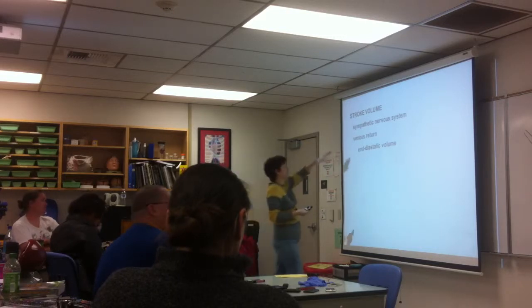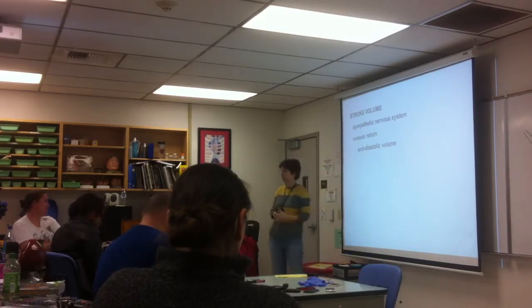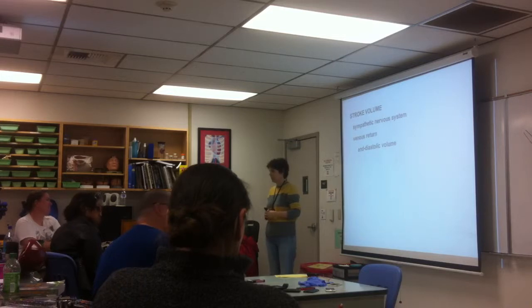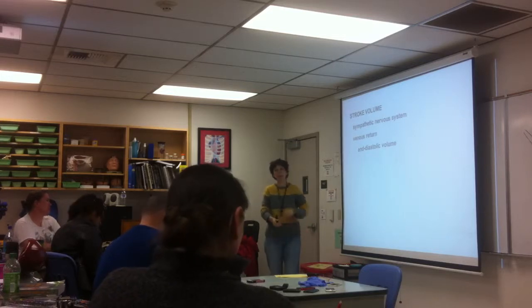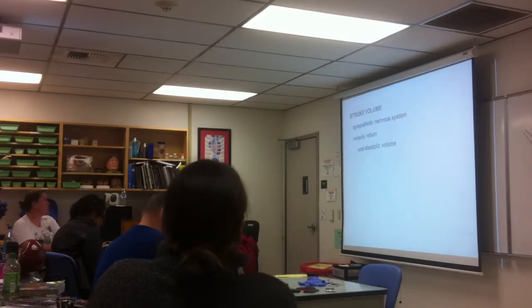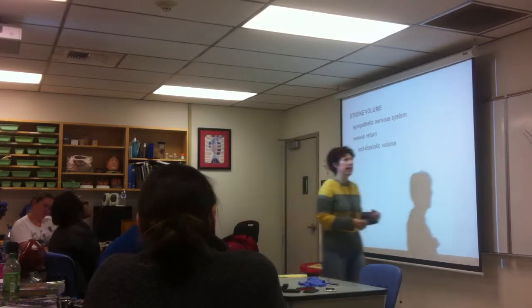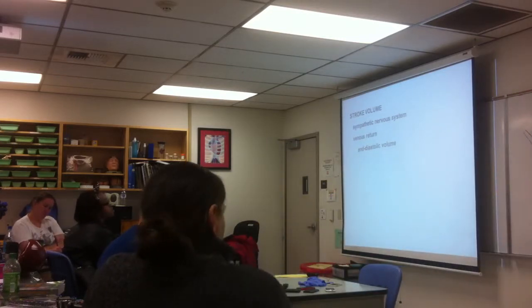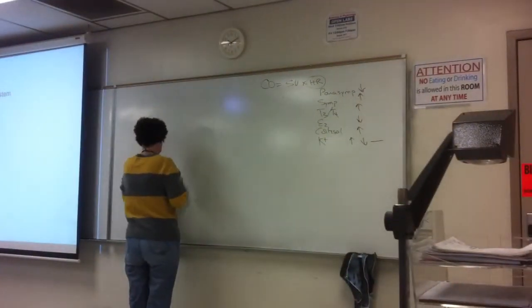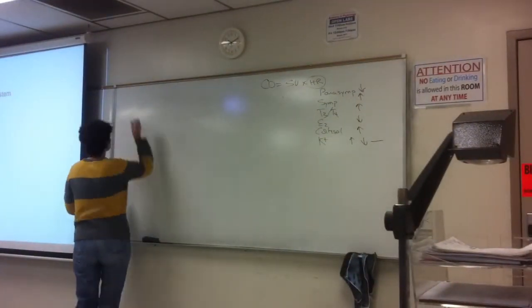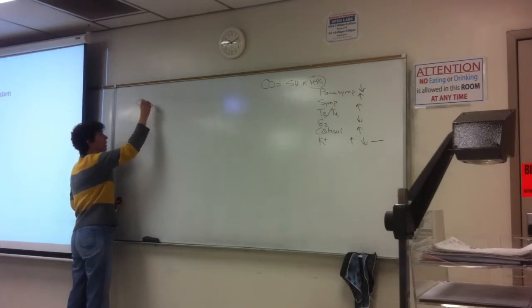So that's the effect that we see here with the sympathetic nervous system. The sympathetic nervous system is going to function to increase the amount of calcium ions that the cell has. And it does so by, put that on the board here. Did you say increases calcium or potassium? Calcium.